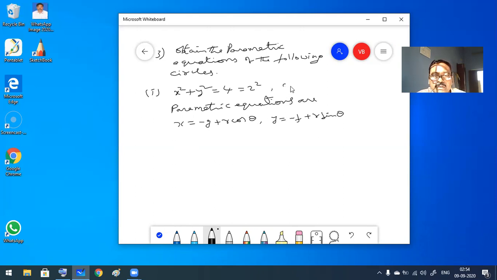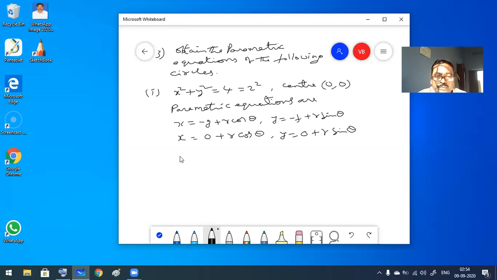Center 0, 0. Therefore x is equal to 0 plus r cos theta, y is equal to 0 plus r sin theta. But here r is equal to 2.